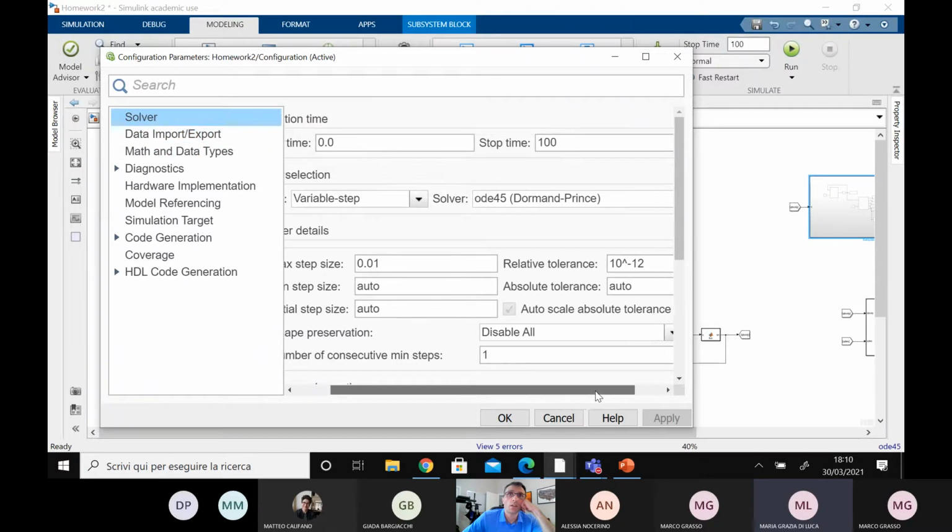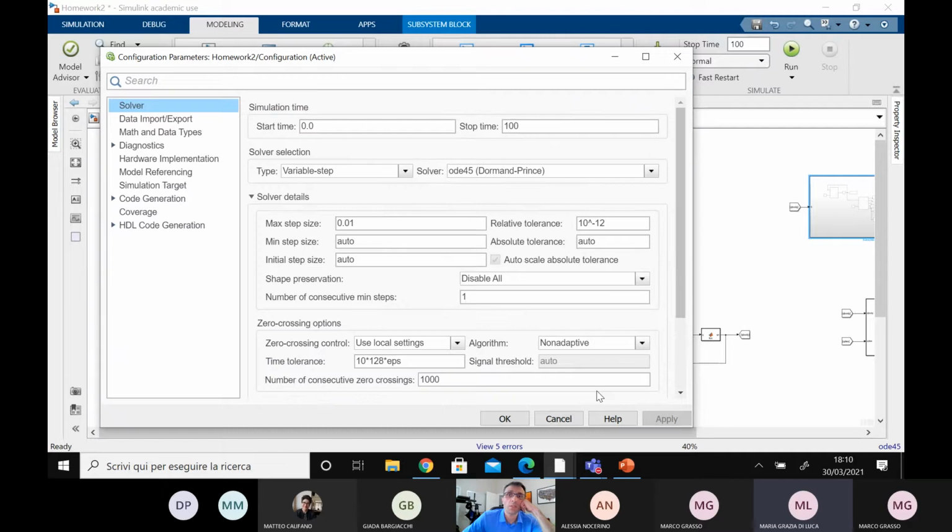Okay. So for this particular one in my model, I even relaxed things. I think I have 0.1 max time step and 10 to the minus 6, but yeah, it doesn't matter. I don't change them. I mean, it's up to you. But it's going to run super slow, so maybe you want to do 0.1 and the other one 10 to the minus 6. In my case, it's working.